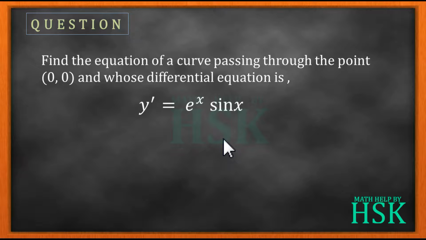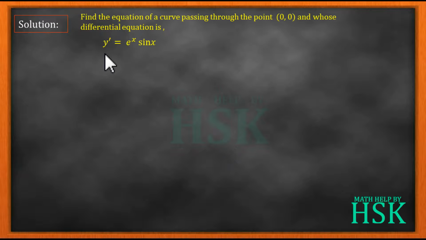So let us start solving the question. Now friends, we have been given the differential equation for which we have to calculate the equation of the curve, and we have been given a condition that the curve passes through (0, 0). So first thing I can do is write y dash as equal to dy by dx, and I can separate the variables.